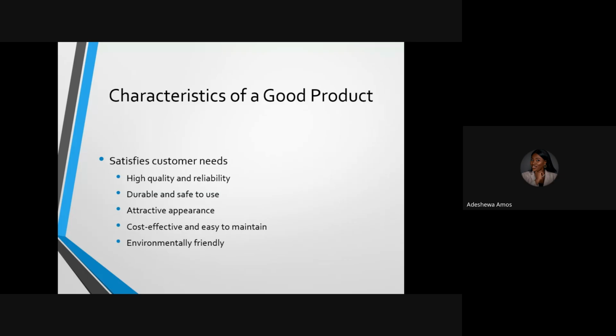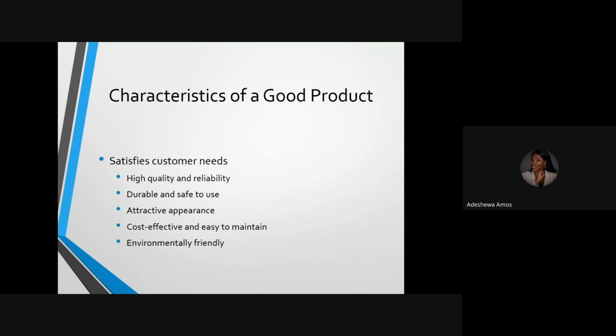Then attractive appearance. You know that a good product should be very beautiful. When it comes to the packaging, it should be aesthetically friendly, okay. So when you look at a particular brand and you see how they are designed, you'll be like, oh yes, I love this. So that means that product is having the characteristics of a good product, okay.